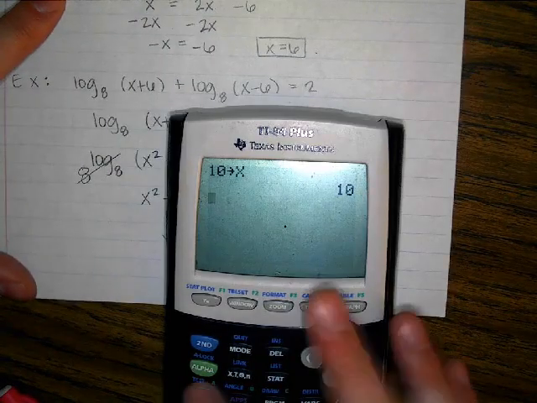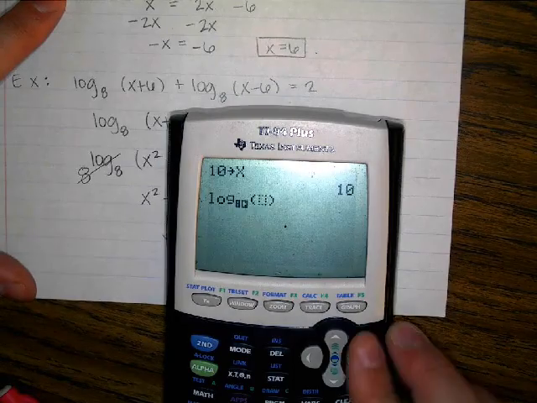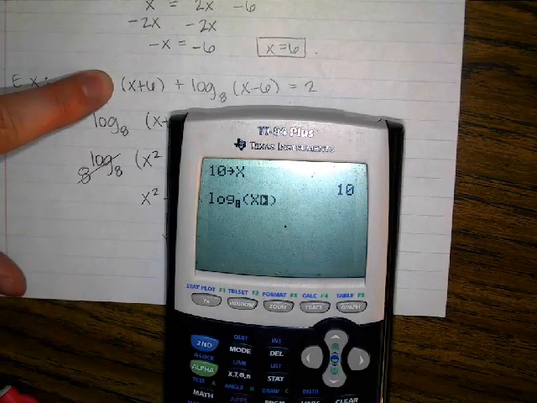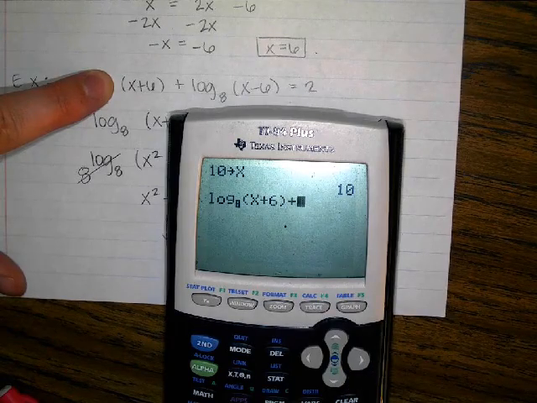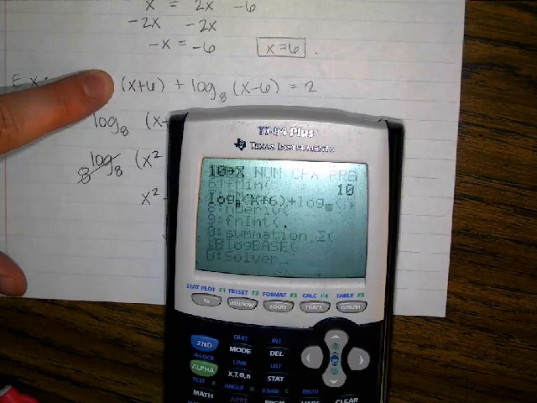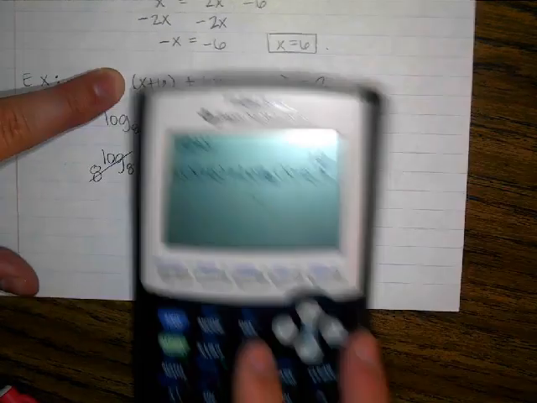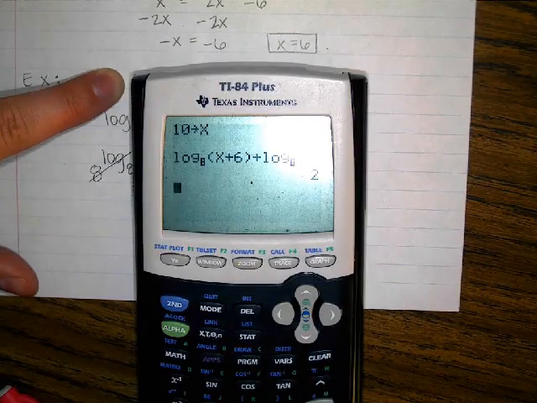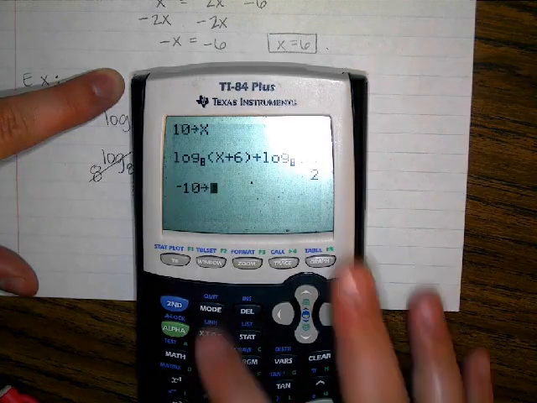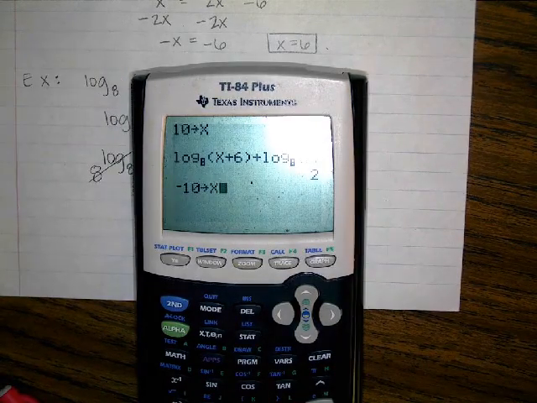I'm going to make sure it equals 2. Okay. Now I'm going to store negative 10 as x. The nice thing when you're double checking two different answers is you don't have to type it the second time. You can just go up, highlight this, and copy paste it, and it will take the new x value that you stored and plug it straight into the same thing that you did before.